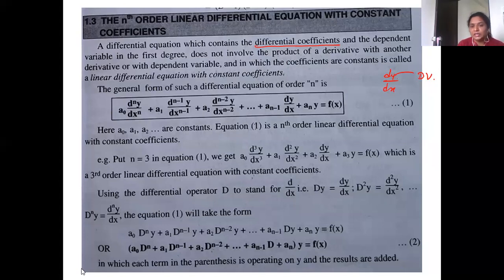If it is an LDE, then things like d2y by dx square into dy by dx are avoided. Multiplication of two derivative terms. This is 1 and this is 2. So multiplication is here, but whenever it is a linear differential equation, it does not involve the product of a derivative with another derivative. It should not be there.